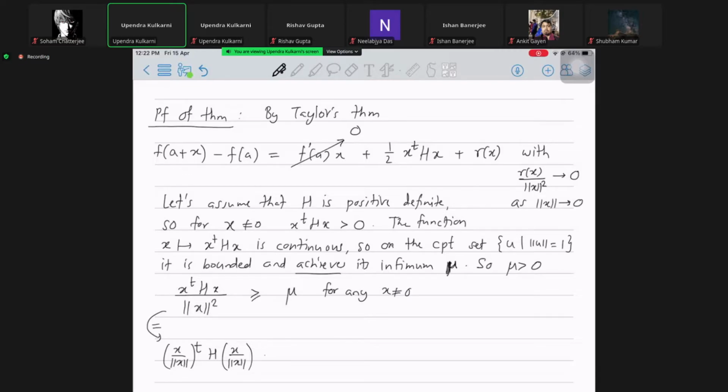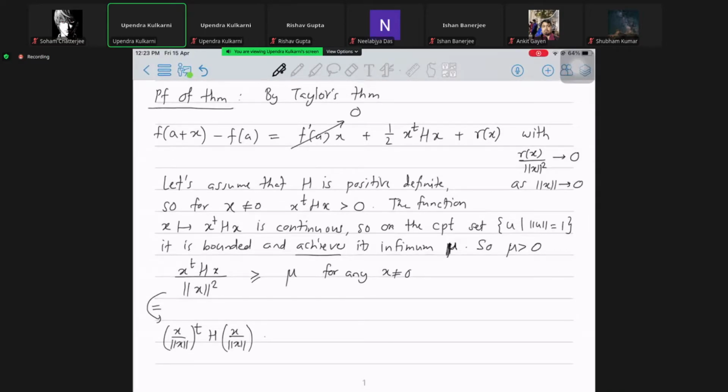So can you tell me now what to do? Well, I know that this quantity over here, no matter what x I take, that quantity divided by the norm of x square is bounded below by, let's say, mu divided by 2.